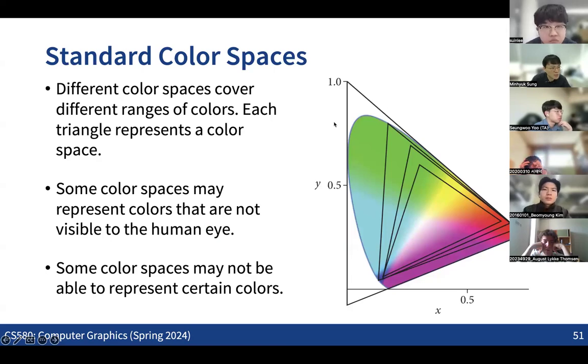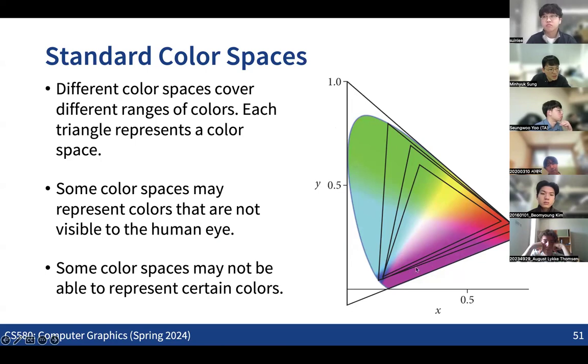What we can see in this figure is that each triangle represents one color space. When you have a big triangle, the color space can even represent some colors that are not visible to human eyes, right? For those areas here and also here, the color spaces can represent the color, but those are colors that are not visible to human eyes.